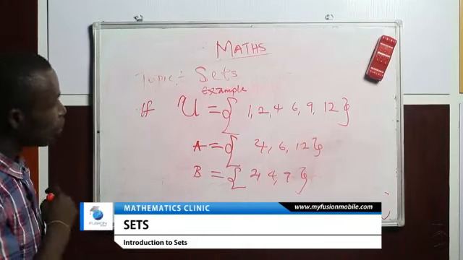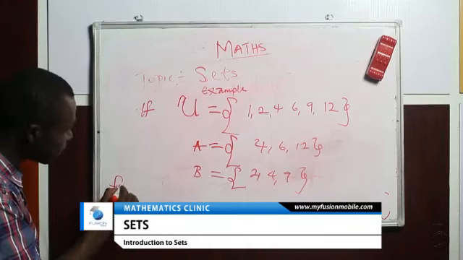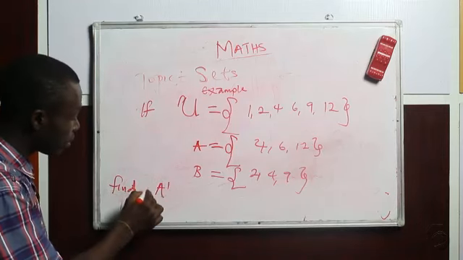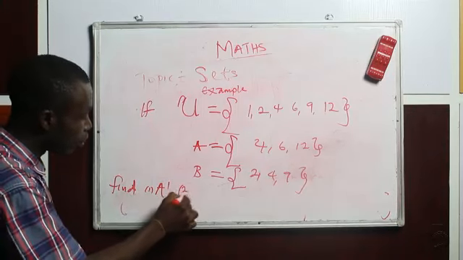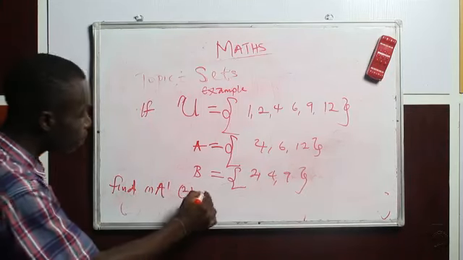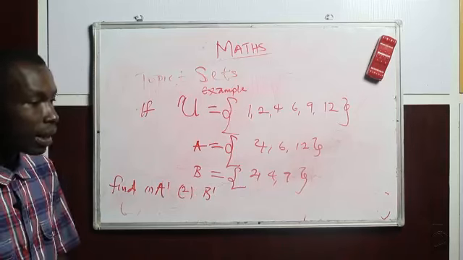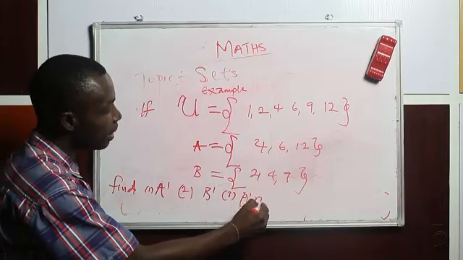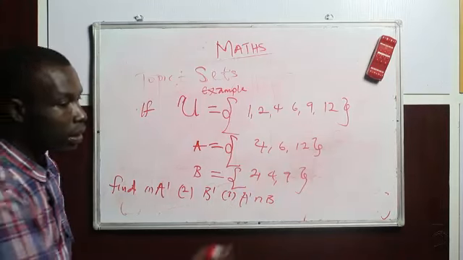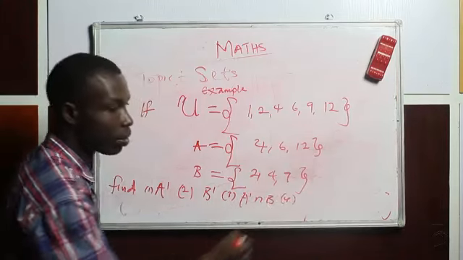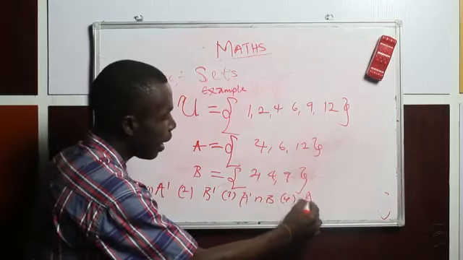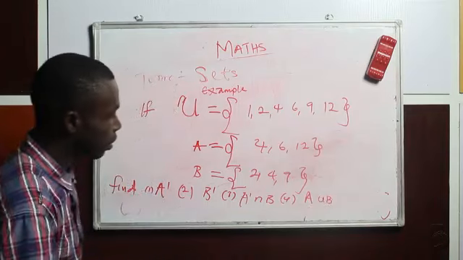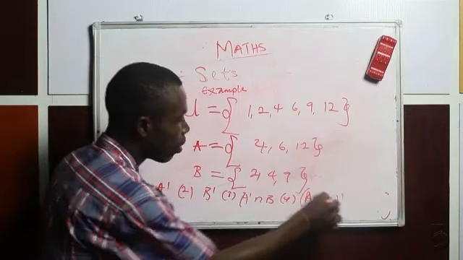Now the question that follows said, find 1, A complement, 2, B complement, 3, A complement intersect B, then 4, A union B complement.